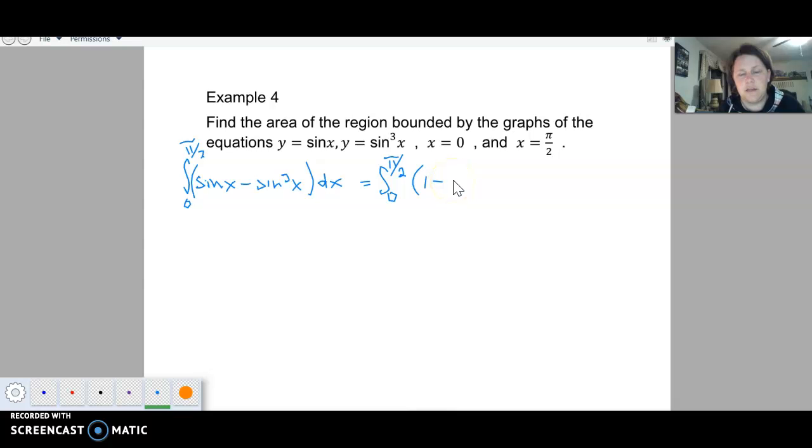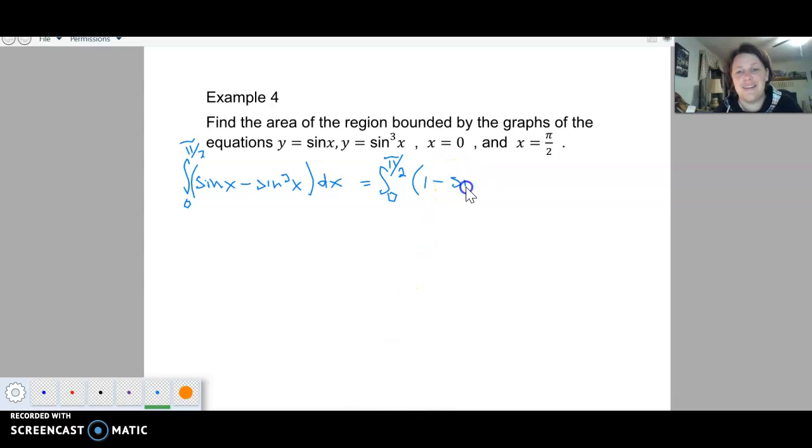So if we factored out a sine x, we'd have 1 minus cosine squared x. Cosine squared x, that doesn't look good at all. Oh no, I'm jumping the gun here a little bit. Aha.